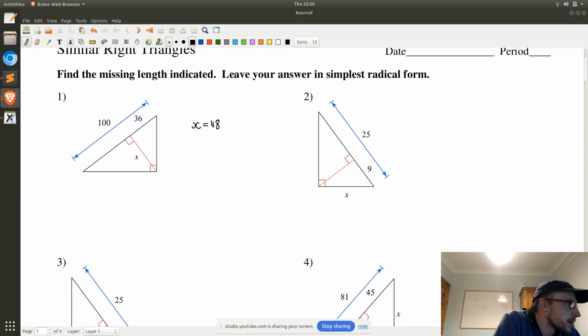Triangle IRE is similar to triangle ITR, which is similar to RTE. So all those triangles are similar, for sure.